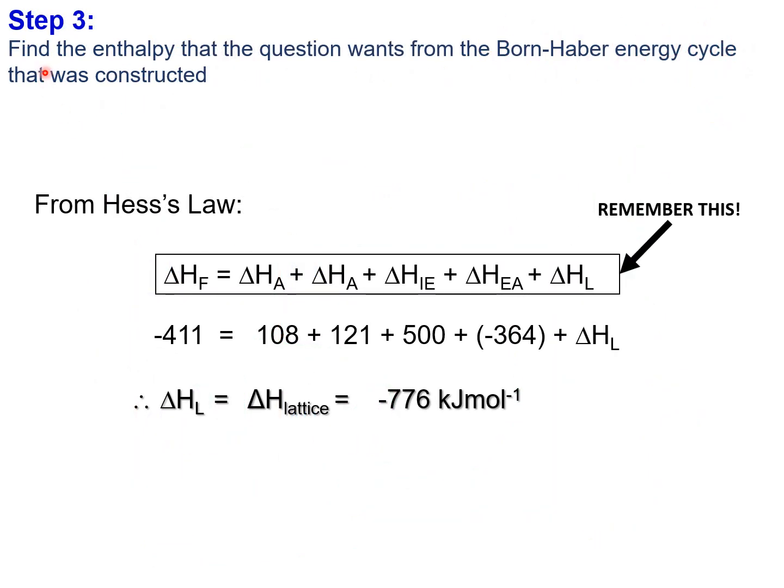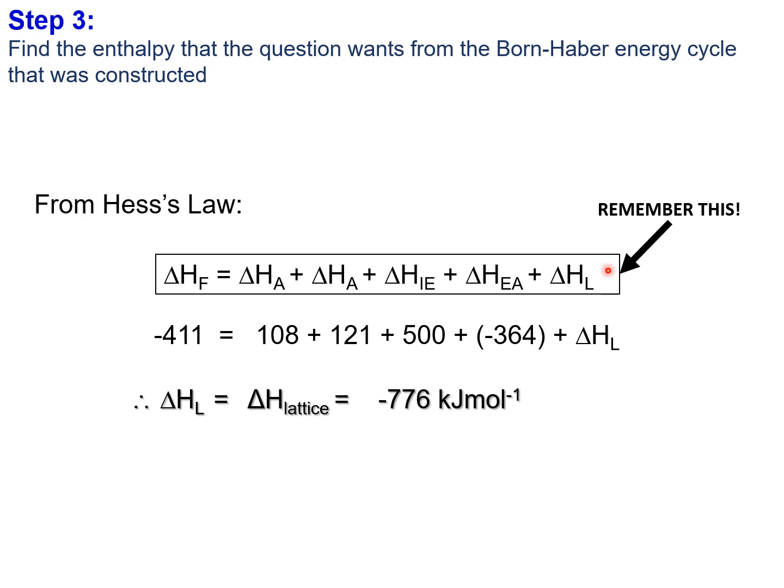Lastly, you show the working to find the enthalpy of lattice here. Okay, so since from Hess's law, the target equation of your cycle is going to be the head of the equation. So the head of the equation is going to be equal to the summation of all the enthalpies. The enthalpies involved are atomization of metal element, atomization of non-metal element, ionization energy, electron affinity and enthalpy of lattice.